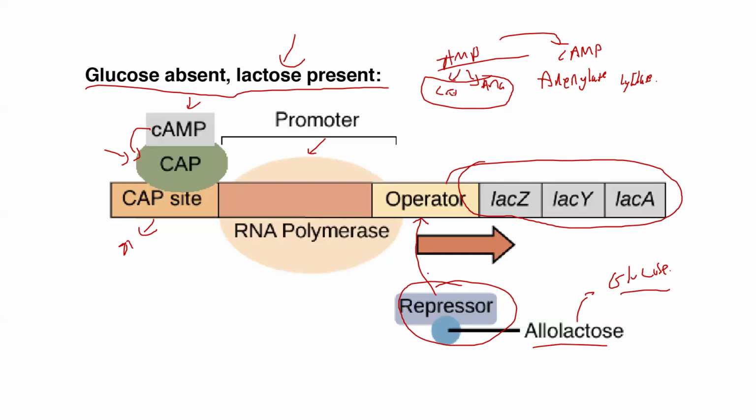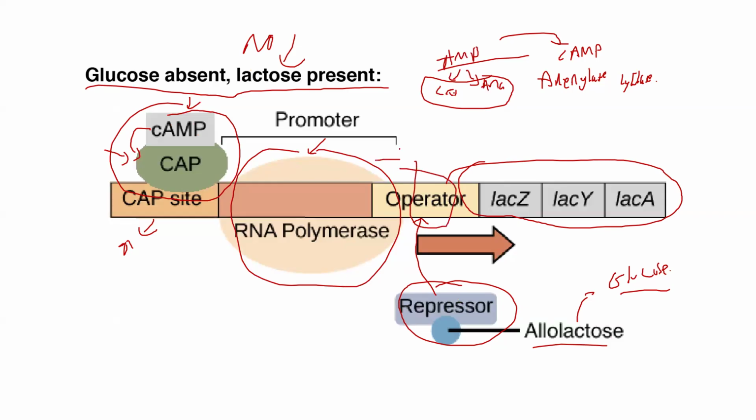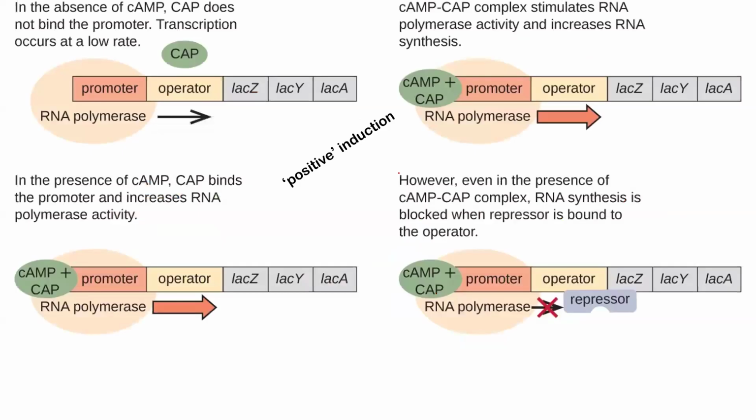If you had no glucose and no lactose, you would still get this binding. However, the repressor would sit on the operator, preventing transcription.